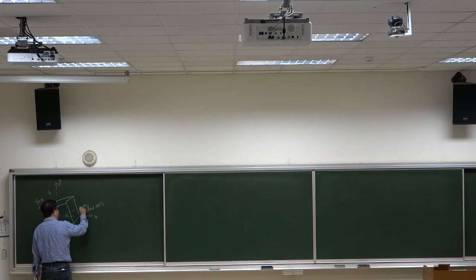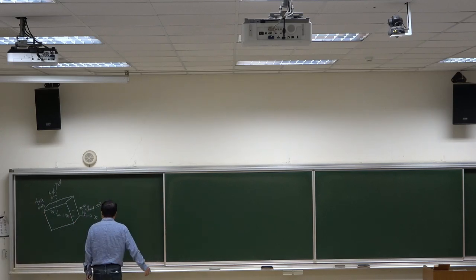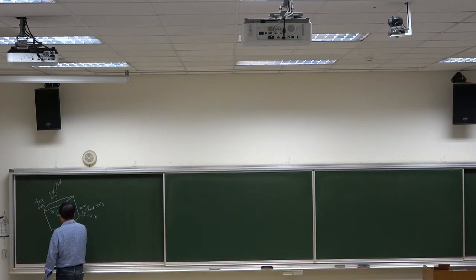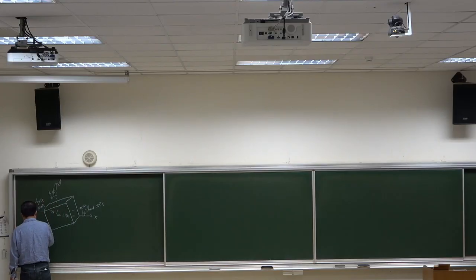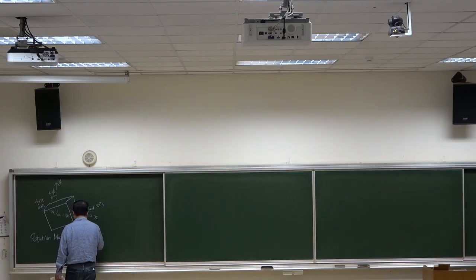The angle between the slow axis and the x-axis is denoted as phi. The angle between y and the first axis. Okay. And we have the rotation matrix. Rotation matrix is denoted as R.